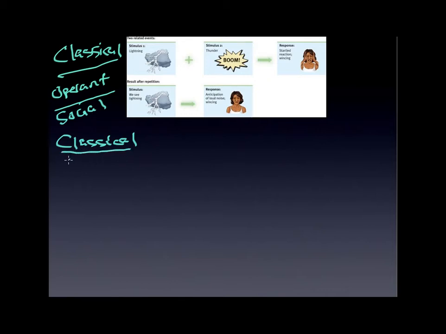You have stimuli 1, which is lightning, and then it is paired with stimuli 2, which is thunder, and it results in a response of some sort.